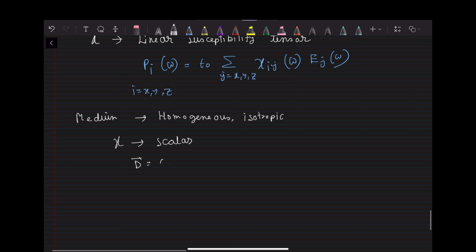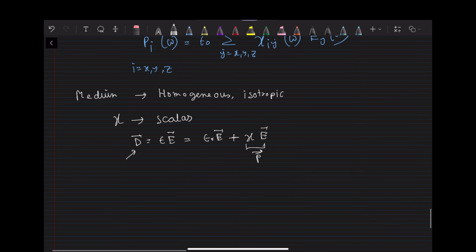Then we already know that because this is electric flux, Maxwell's equations are written in this term. So we have then chi electric field, nothing but polarization, right? So we'll use this to derive wave equation.